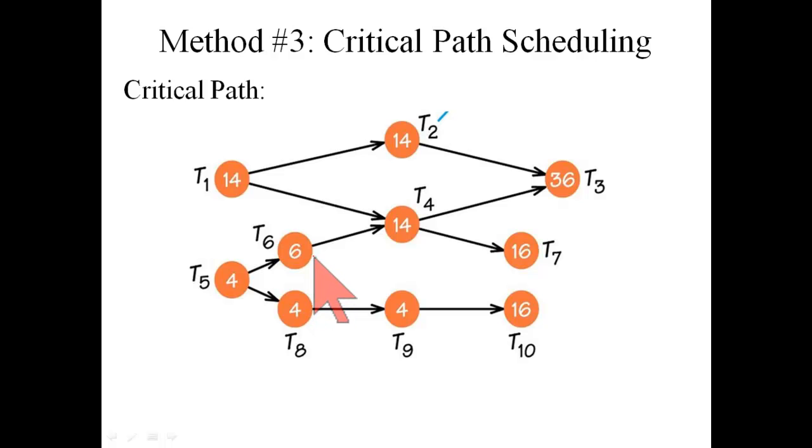So it turns out that the critical path then is T1, either T2 or T4, it doesn't matter. So I'll say T2 and then T3. That has length 14 plus 14 plus 36, and that's more than any other path that you can find.